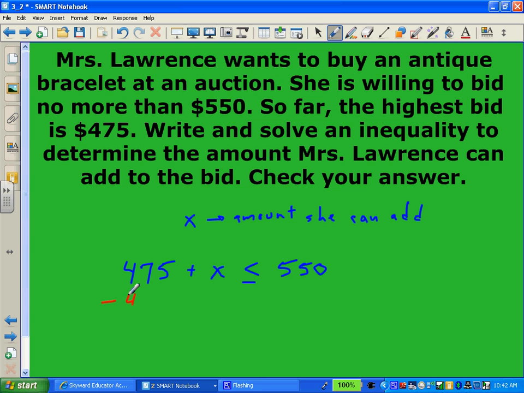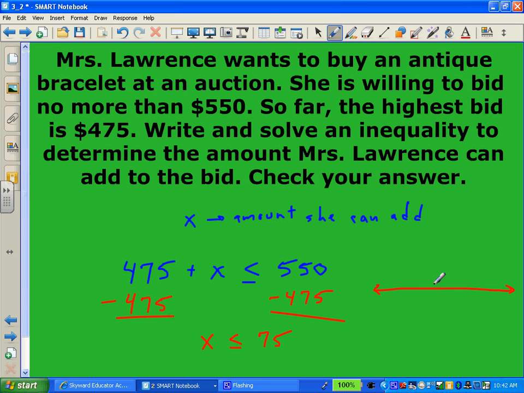So there's my inequality, and once again I'm going to solve. So I have to subtract 475. So then I have X less than or equal to $75.